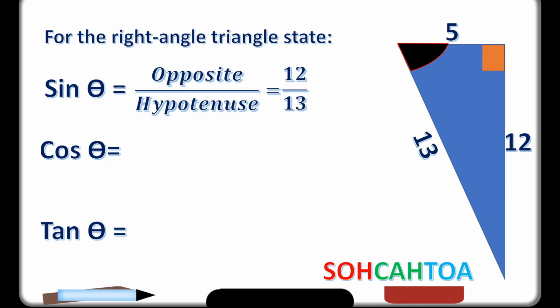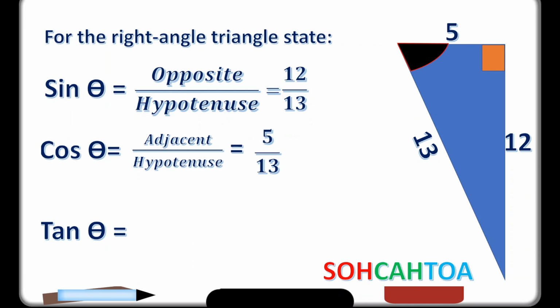Cos theta, A over H, adjacent over hypotenuse. Using the location of our theta, we can see that our adjacent has a value of 5 and our hypotenuse is 13. So our cos theta ratio is 5 over 13 or 5/13.